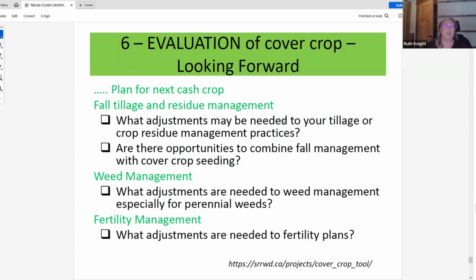Are there opportunities to combine some tillage and cover crop seeding, or your general fall management? Are there adjustments that you need to your weed management? And also, are there adjustments that you can make in your fertility plans? Hopefully that's reducing your requirement for additional inputs, because the cover crops are helping to cycle those nutrients and make them readily available to the next crops.